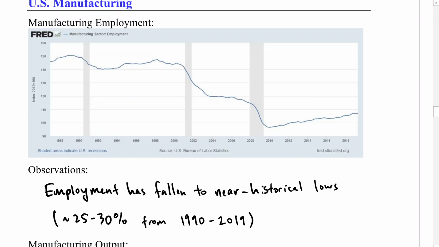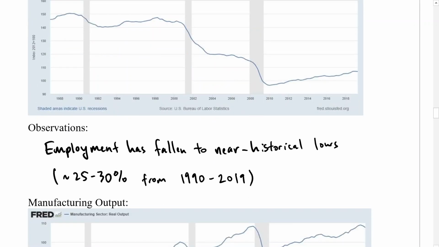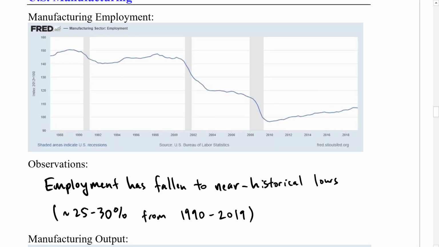If we include coronavirus, the jobs lost during that pandemic, it would probably move up to maybe even a third potentially. So basically, employment is at all-time lows, and politicians on both sides of the aisle like to talk about this when they're looking for votes.